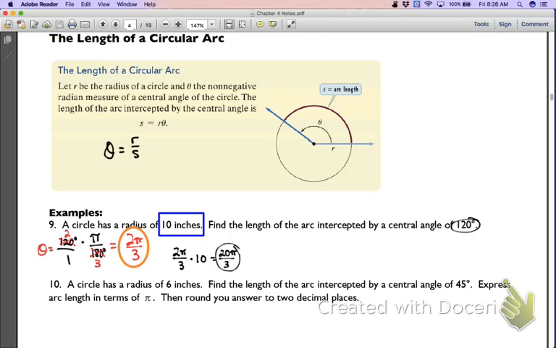That's the exact answer. If it asks for everything in terms of inches, and it wants you to round to 2 decimal places, then just type in 20 pi, divide by 3. You're going to get somewhere in the neighborhood of 20.94 inches.